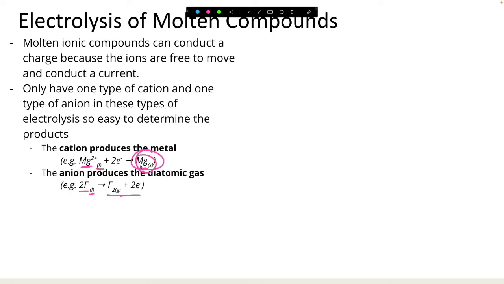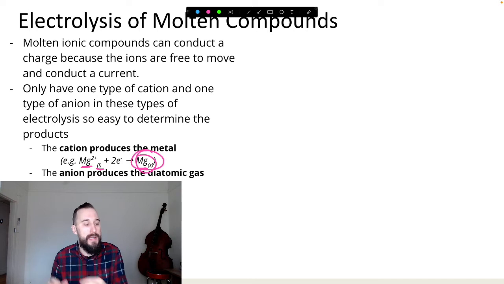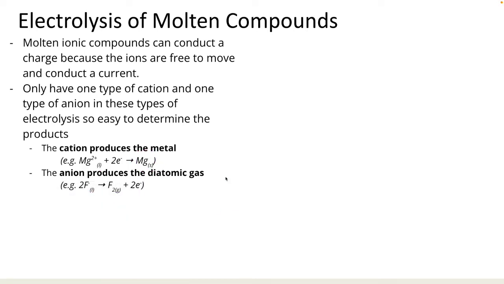We would see magnesium metal being produced, which will be that silver solid. At the anode, we would see bubbling of fluorine gas if we're making molecular gases. If these molecular gases have particular colors, like our halogens are known to have, then we can be even more specific and say what color gas is being produced at the anode.